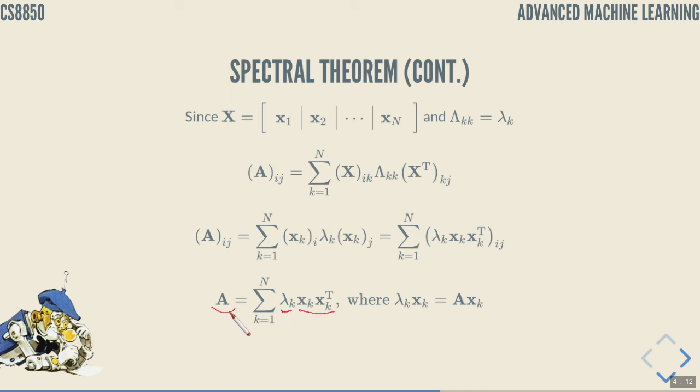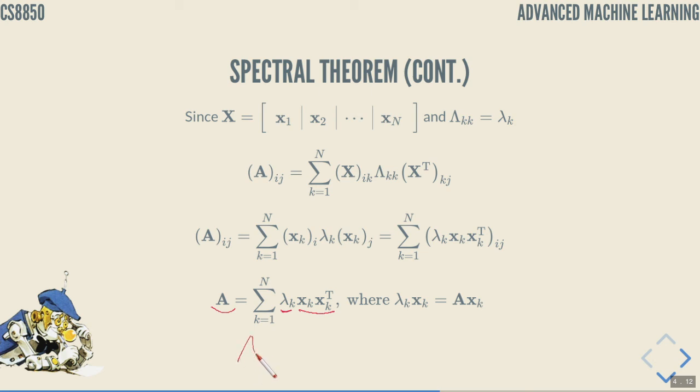So we take a matrix and decompose it into a basis of its eigenvector matrices, those outer-producted matrices, which are all rank 1, weighted by lambda.